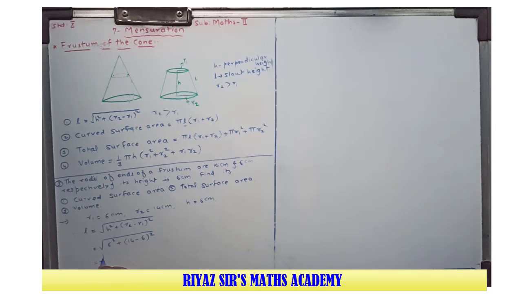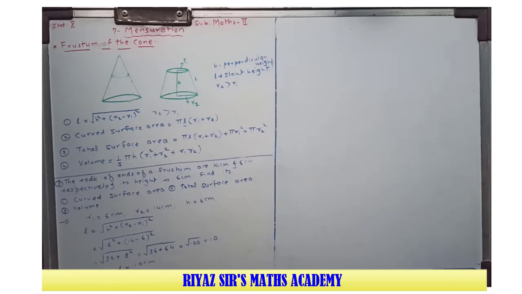That is square root of 6 square plus (14 minus 6) square, which is square root of 36 plus 8 square, that is 64, so square root of 100, which is 10. Therefore the slant height is 10 centimeter.